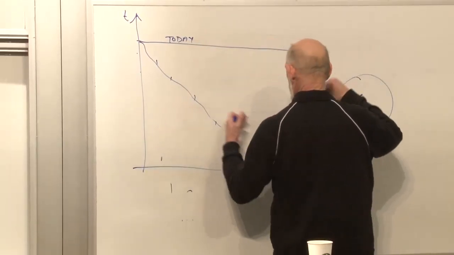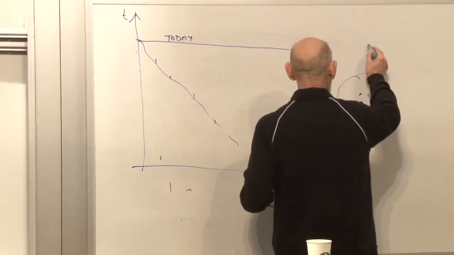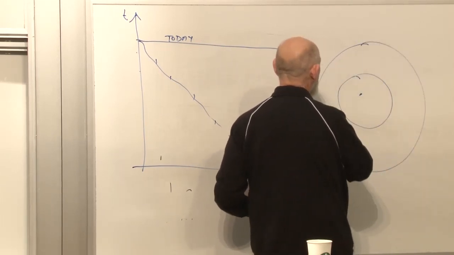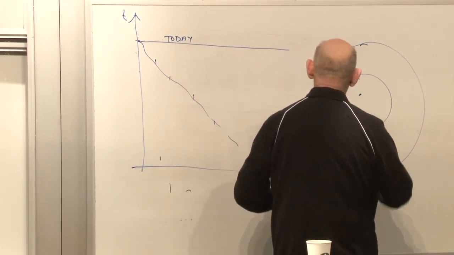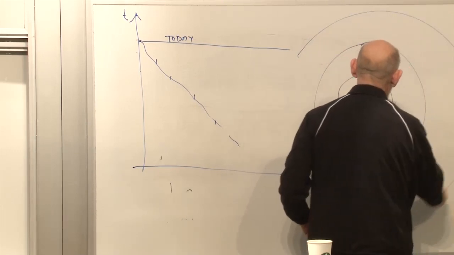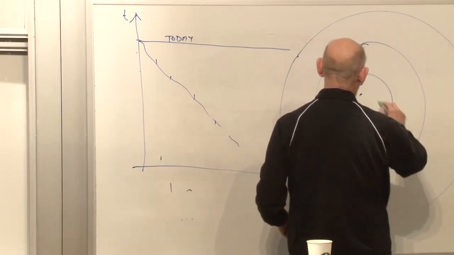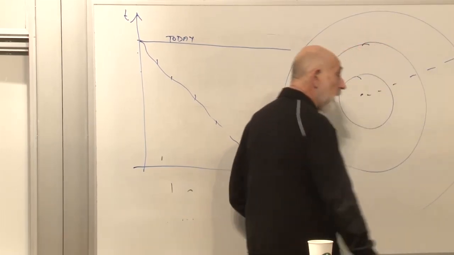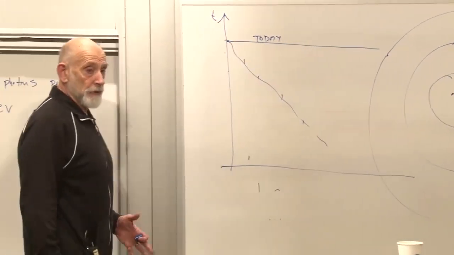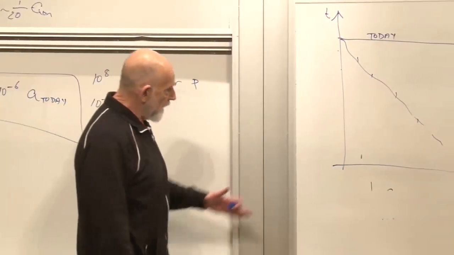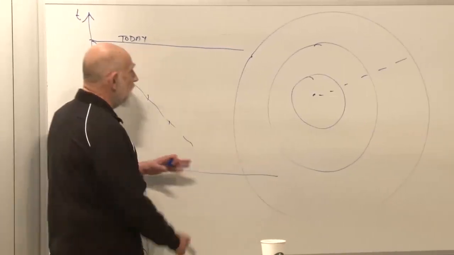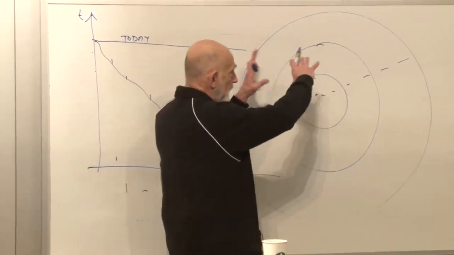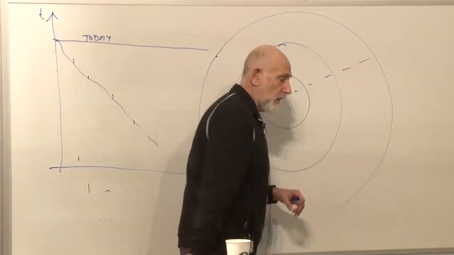Even further out, we see things as they were 1,000,000 years ago, further and further out, and eventually we see back to the time at which this recombination took place. From our perspective, it's shells corresponding to different times.